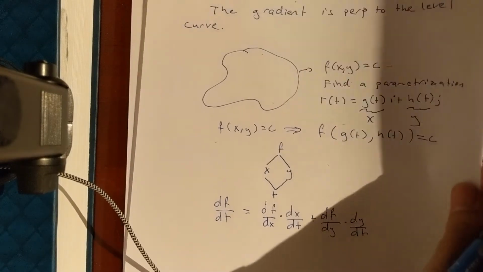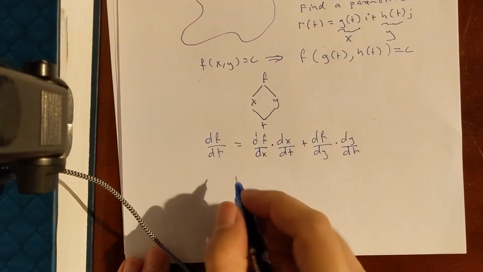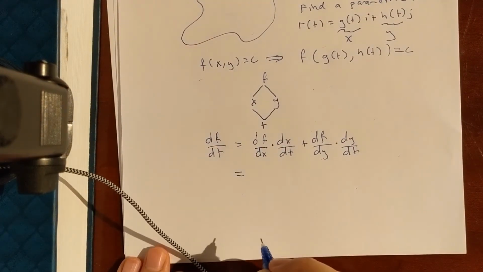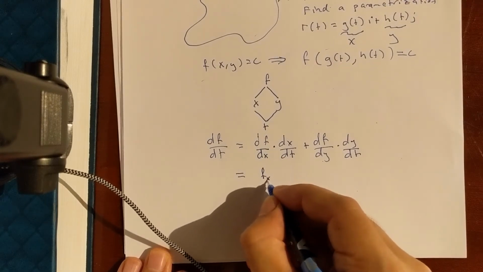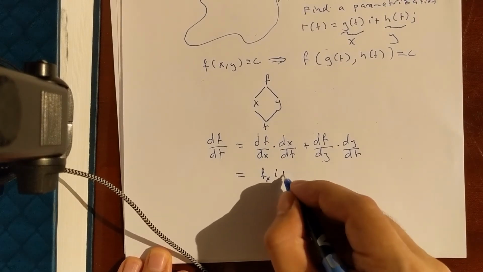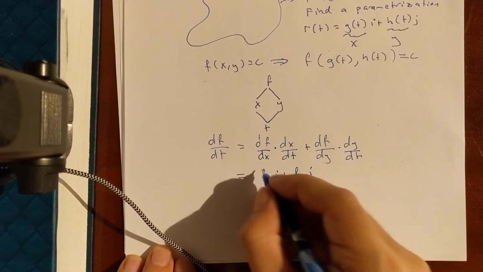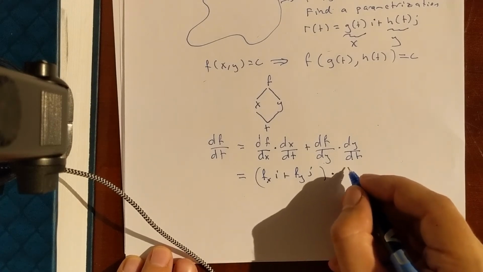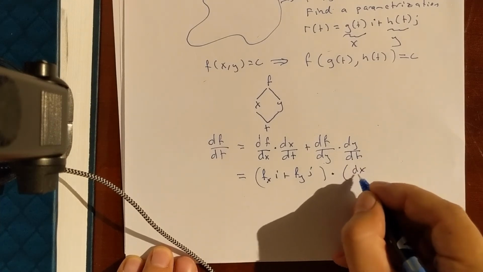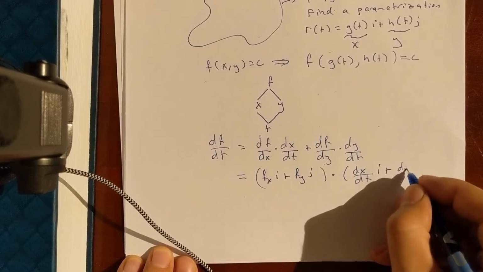Now let's clean this up. If we were trying to write this as the dot product of two vectors, this is just f sub x i plus f sub y j, dotted with dx dt i plus dy dt j.